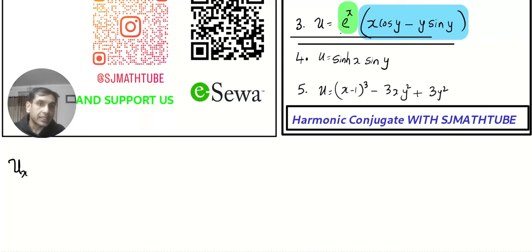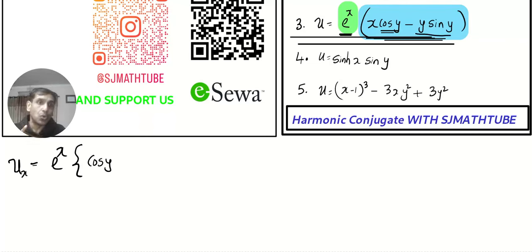Look at this. I can see x in green and x inside the blue. So I am going to apply the product rule. So first function multiplied by derivative of the second. But look at this. Cos y is a constant. So the derivative will be cos y multiplied by 1.